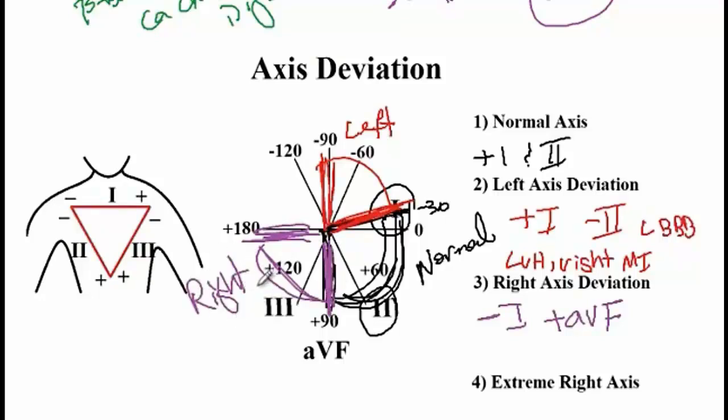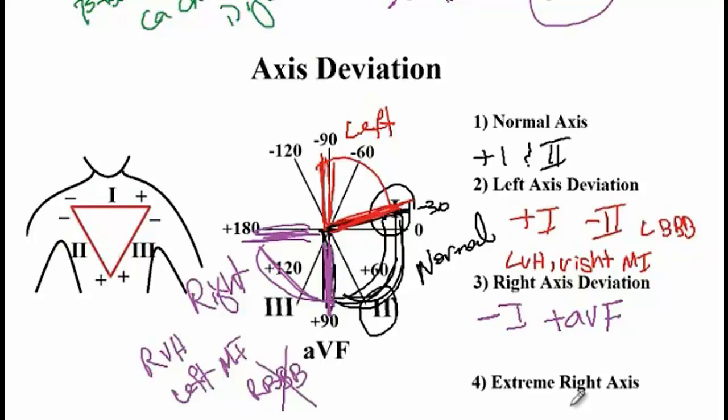Conditions that cause right axis deviation are, for instance, right heart hypertrophy, like right ventricular hypertrophy, or left heart MI. Note that while left bundle branch block can cause left axis deviation, right bundle branch block does not cause right axis deviation. So that's one difference between right bundle branch block and left bundle branch block.